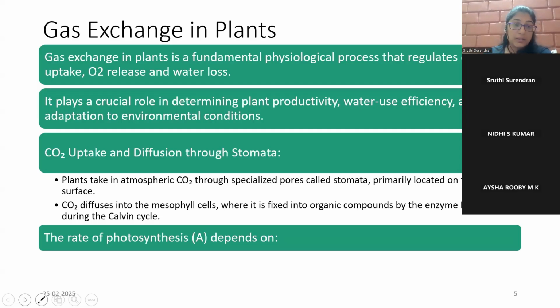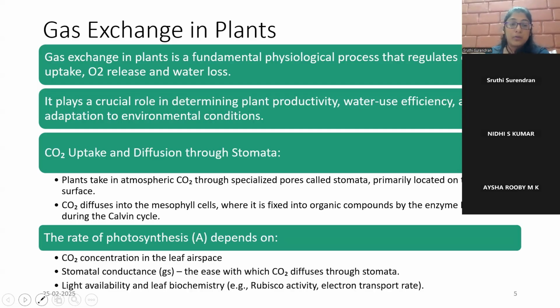The rate of photosynthesis is again going to depend on the concentration of carbon dioxide within this leaf space. The spongy mesophyll cells is where you will find carbon dioxide circulating for this process. So the concentration of carbon dioxide is going to play a huge role. Another very important factor that affects the rate of photosynthesis is stomatal conductance.